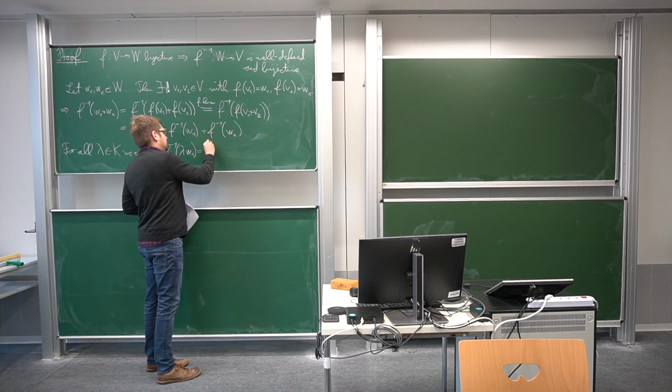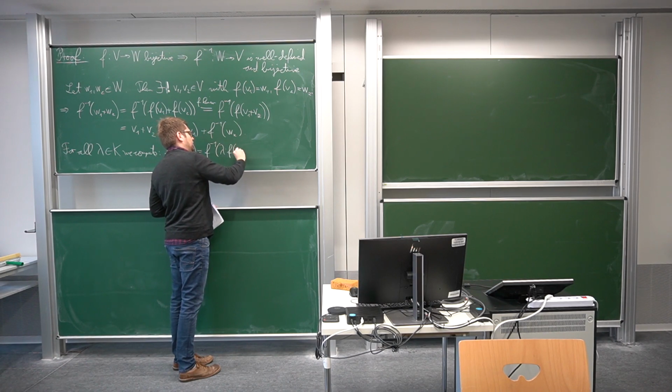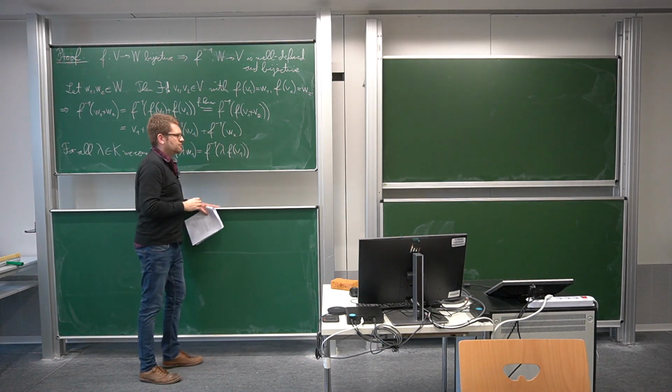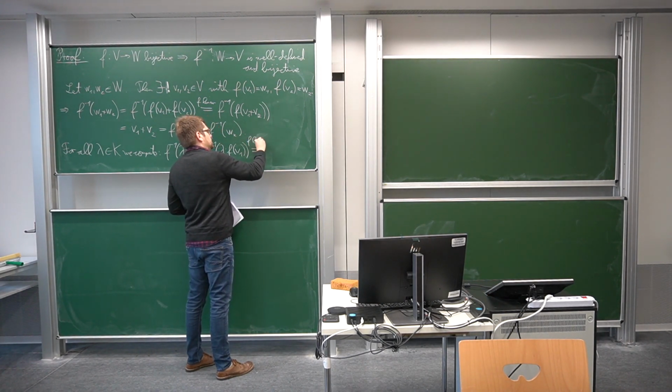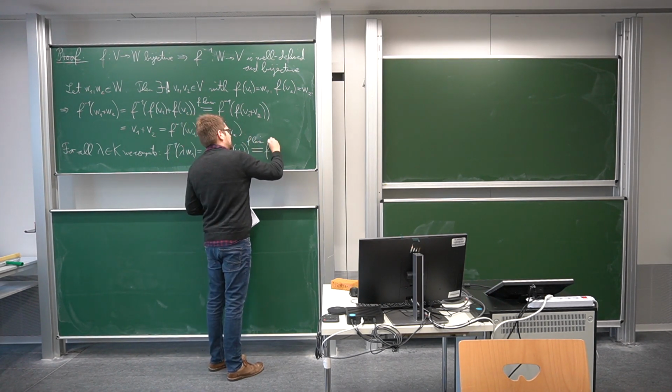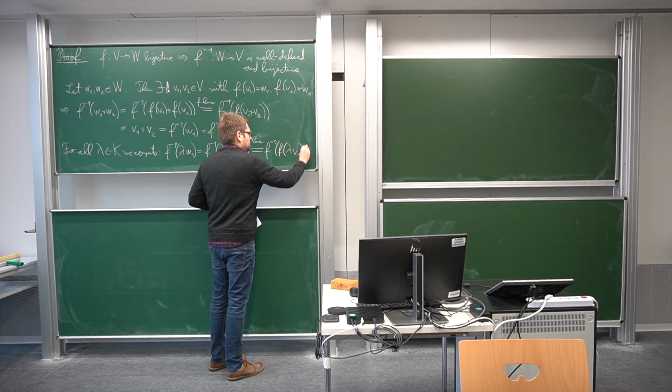This is the same, again using the same trick, as F inverse of lambda times F of V1. And now again linearity of F, so we can pull this lambda inside. F is linear. This is F to the minus 1 of F of lambda V1.